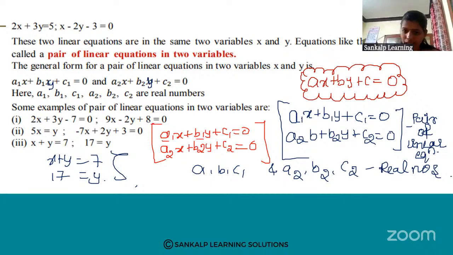Here a1, a2, b1, b2, c1, c2 are real numbers, okay? And where a and b are not equal to 0. This is the condition for the linear equation in two variables: a is not equal to 0 and b is not equal to 0. Okay. Next.